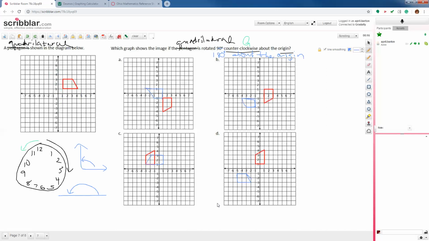So which answer choice looks like it's been rotated 180 degrees around the origin? You still have that space to the center. It only looks like A does. So A is 180 degrees, but it's not about the origin. Again, that keyword origin. Origin is the center of the graph.